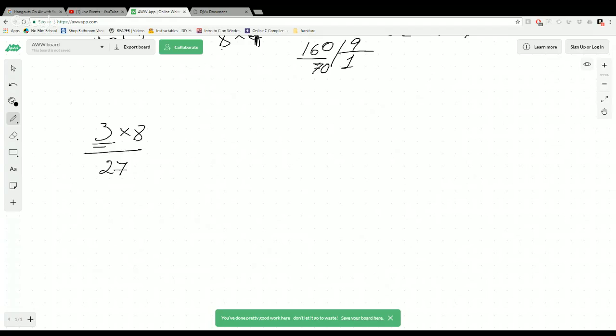So you ask yourself, can I rewrite the denominator somehow as a product of one of these that has one of these numbers in there? And you say, yes, 27 is 9 times 3. There it is. And I can cancel the 3's. This is a product, so we know we can cancel it. If it were addition, we can't. Product, we can. We're left with 8 over 9.